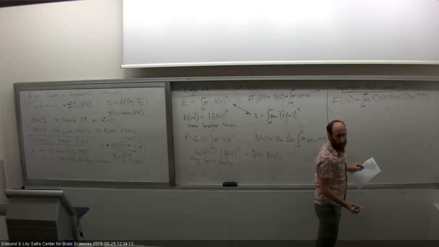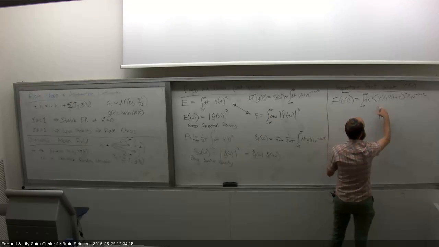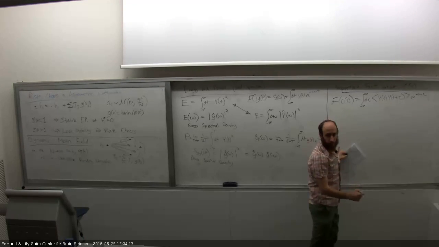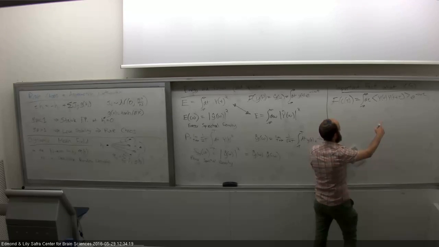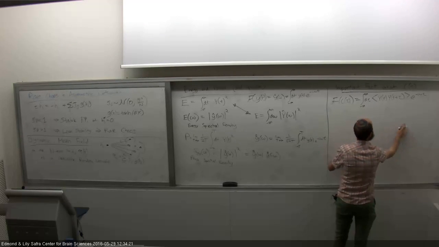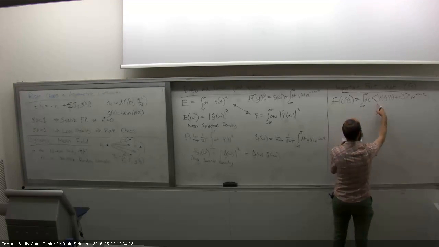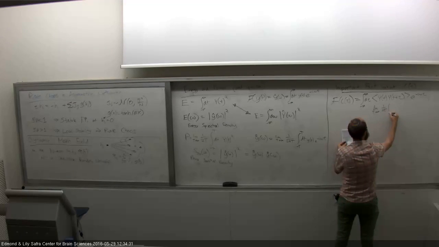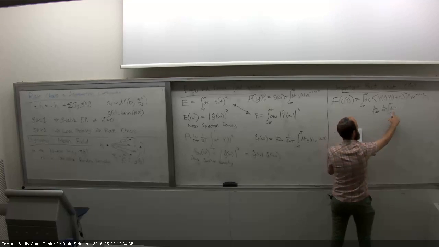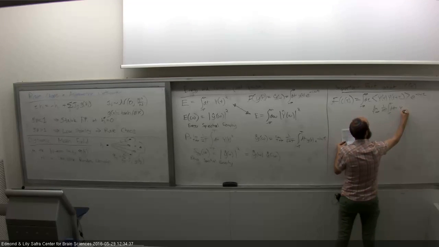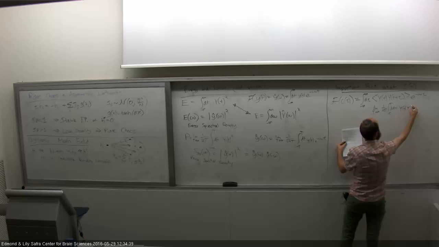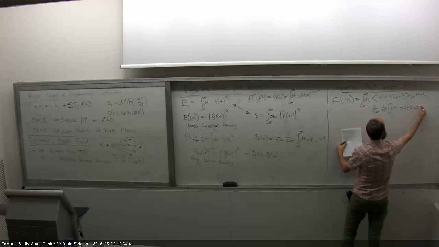Now I'll plug in, instead of the ensemble average, we'll make use of the ergodic property of our random process, and we'll write that the ensemble average is replaced by the limit of T going to infinity, 1 over 2T, integral from minus T to T over the time t, of y of t times y of t plus tau.